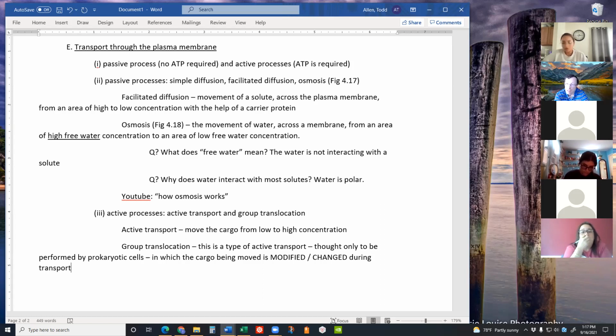Most of the transport processes that we talk about simply move the cargo from point A to point B, and there's no modification in the cargo itself. But with group translocation, the cargo is changed en route between its starting point and its destination point. This is unique as far as we can tell to prokaryotic cells.